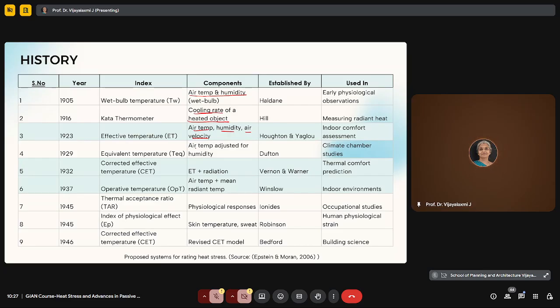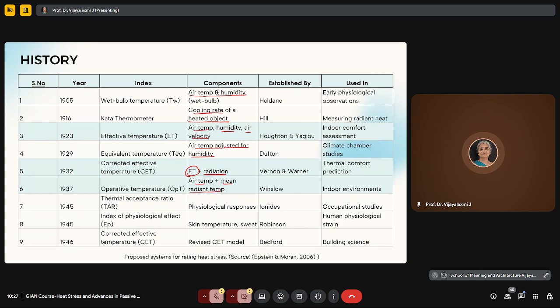Equivalent temperature is air temperature adjusted for humidity. CET, corrected effective temperature, is again effective temperature, but it also adds the factor of radiation. Then operative temperature combines air temperature and mean radiant temperature.